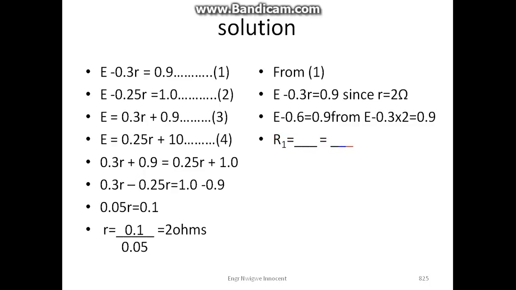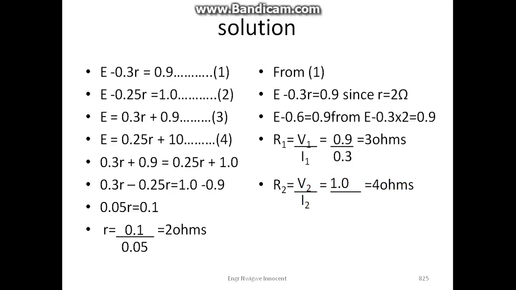Then for the resistance, R1 equals capital V1 over I1, which equals 0.9 over 0.3, which gives us 3 ohms. R2 equals capital V2 over I2, which equals 1.0 over 0.25, which gives us 4 ohms.